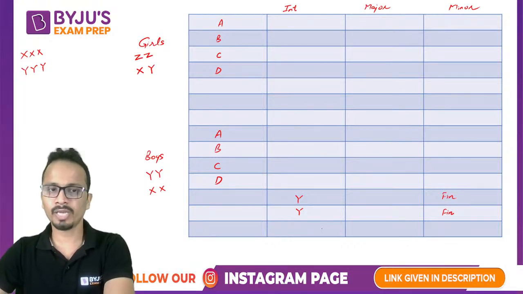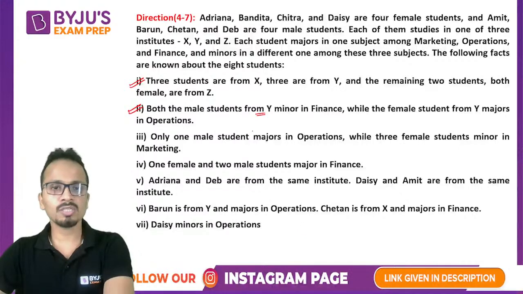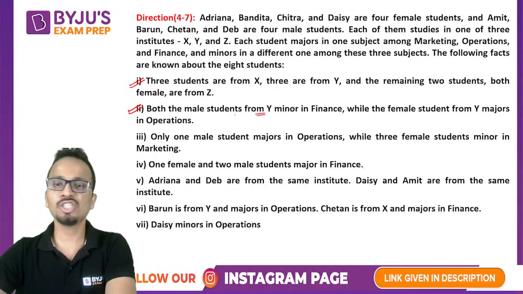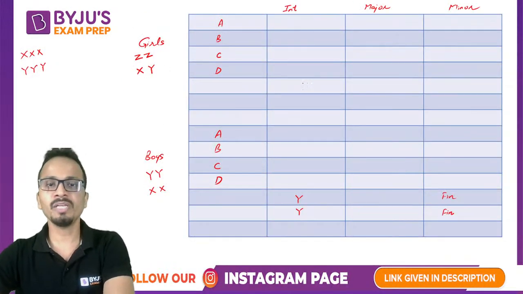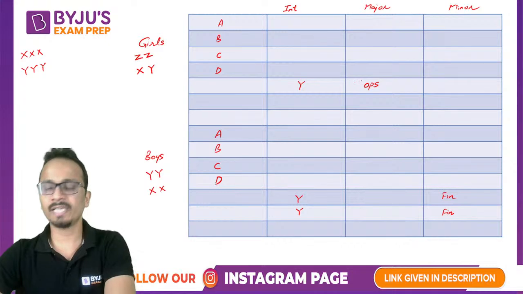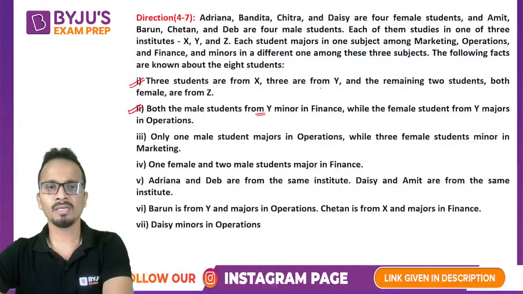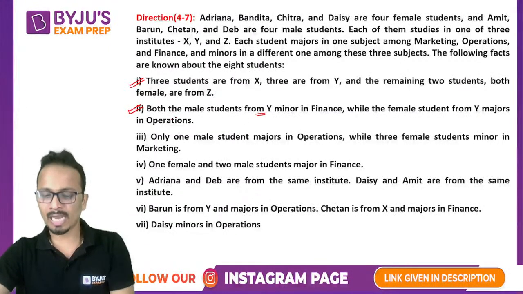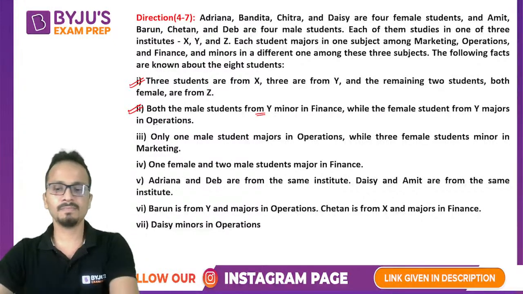Both the male students from Y minor in finance, while the female student from Y majors in operations. This is extra information which I have written below girls. Statement number 2 is complete. Let's look at statement number 3.